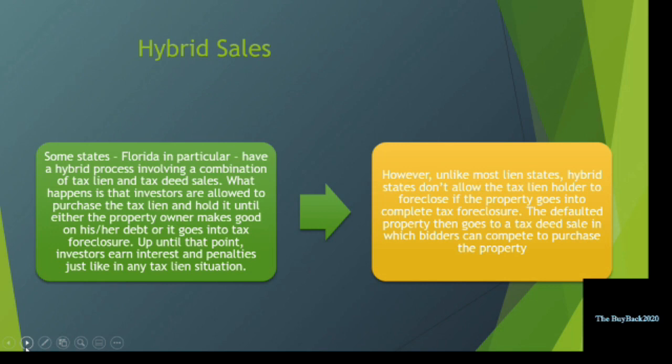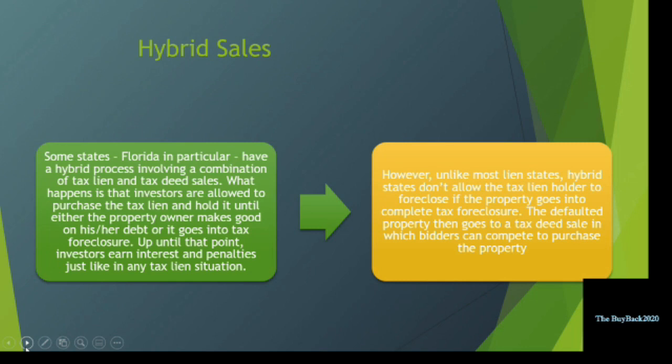Up until that point, investors earn interest and penalty, just like in the tax lien situation. However, unlike most tax lien states, hybrid states don't allow the tax lien holder to foreclose. If the property goes into tax foreclosure, the defaulted property then goes to a tax deed sale in which bidders can compete to purchase the property.